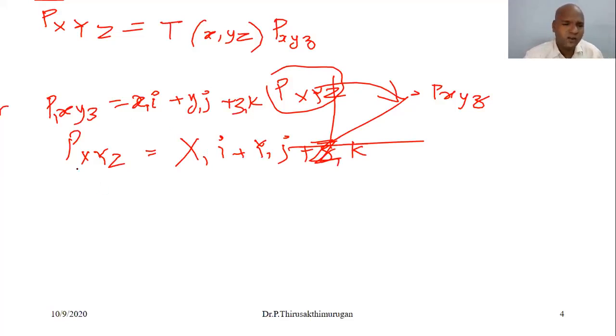This is called the global frame, and this is called the body frame, B or G. So, global frame and body frame.